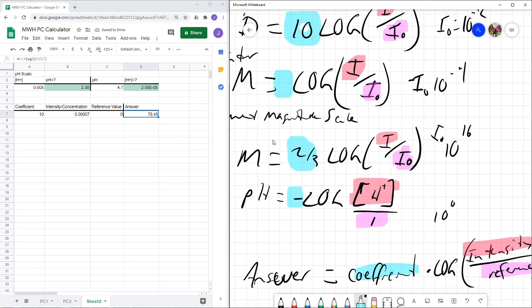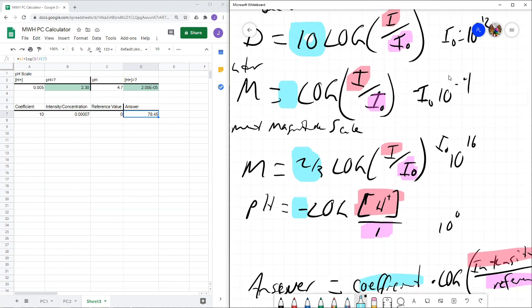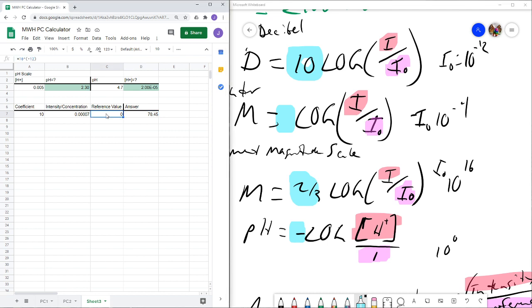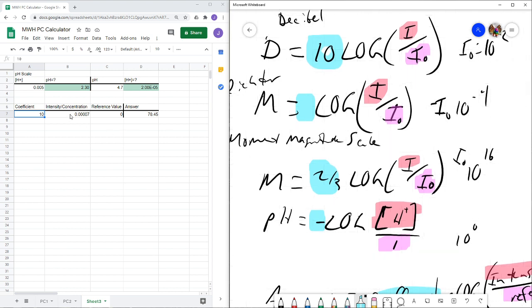So this says if you are using the decibel scale, we've plugged in our I naught of 10 to the negative 12 right here. And then we have our intensity, our coefficient. Now if we want to do the Richter scale, so imagine, well, we need to pick something greater than 10 to the negative 4.